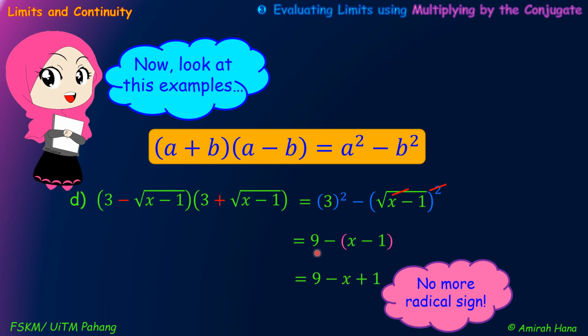When we expand, we have 9, minus times x, we get minus x, and minus times minus equals positive 1. That's why we need to put brackets after the minus sign here. So from here, we can simplify. We get 9 plus 1 equals 10, minus x. No more radical sign when we multiply by the conjugate. Got it?